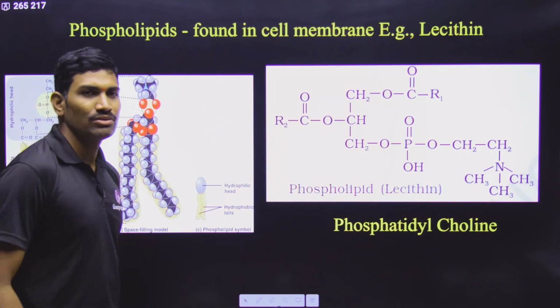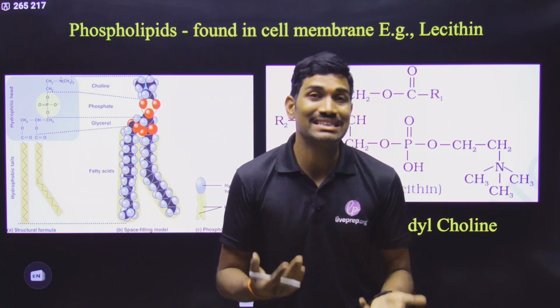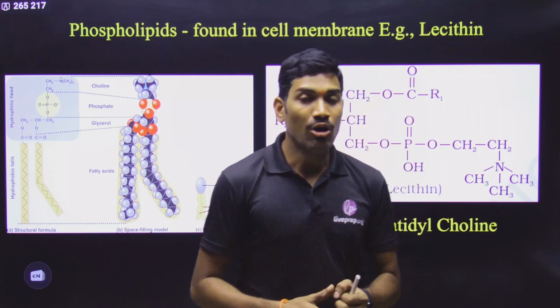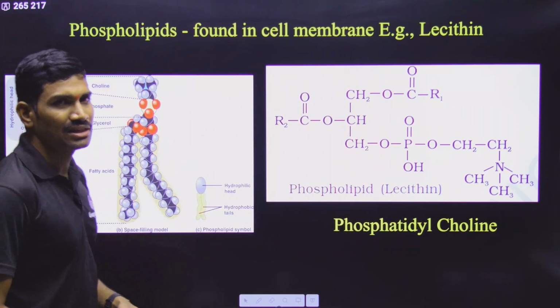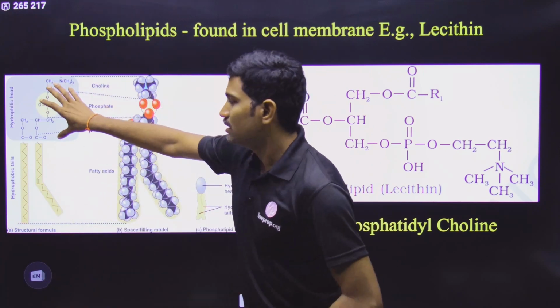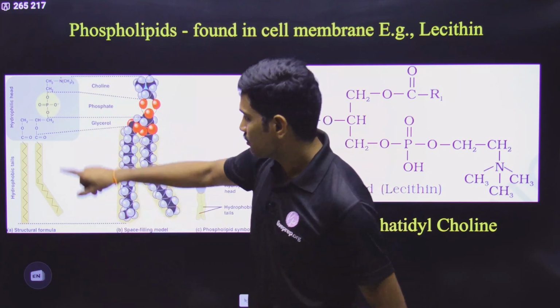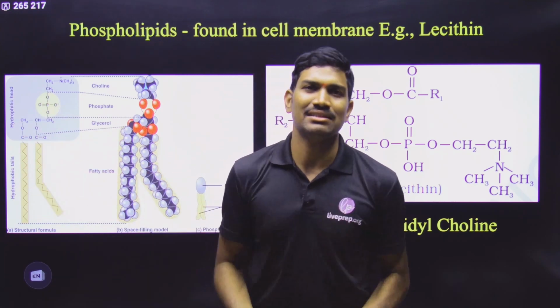And now let us come back to phospholipids. Till now we studied phosphoglycerides, monoglyceride, diglyceride, triglyceride. Now out of this, if you see membrane phospholipid, we already studied the structure. There is a head group, and there are tails. In this structure, what are these tails? These tails are nothing but fatty acids.